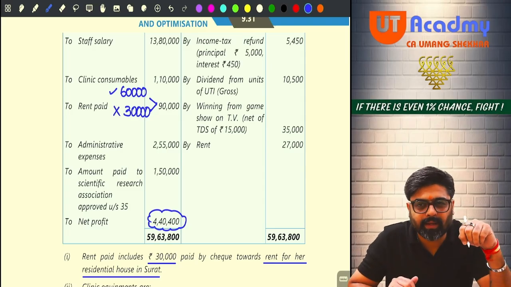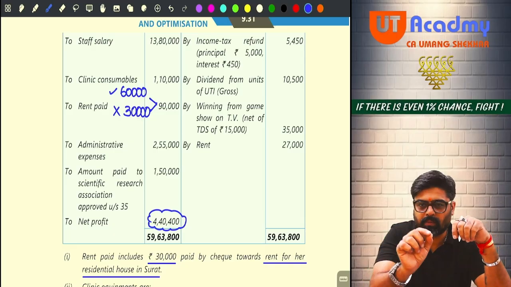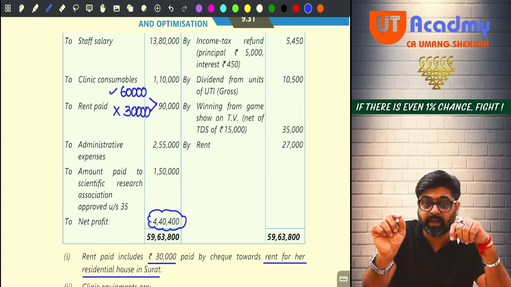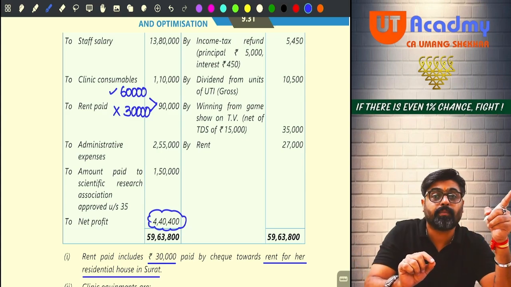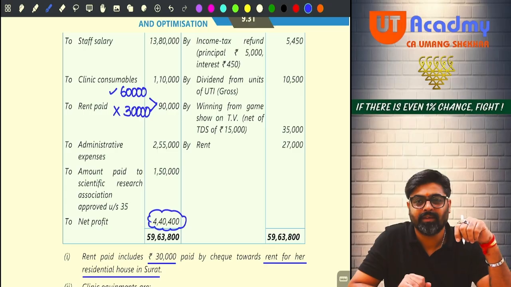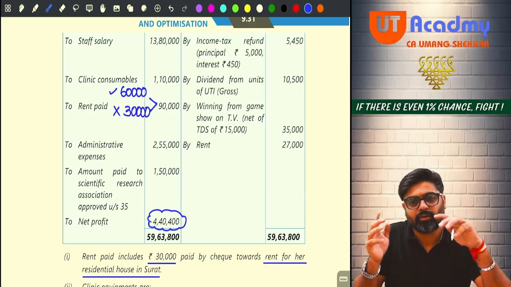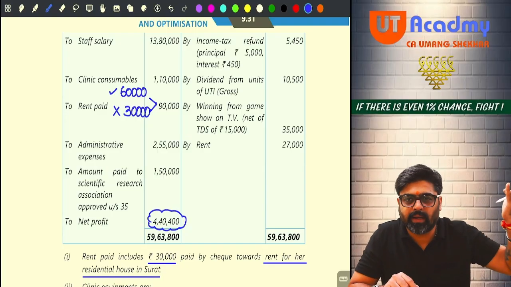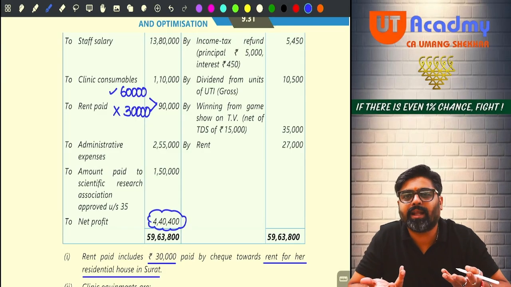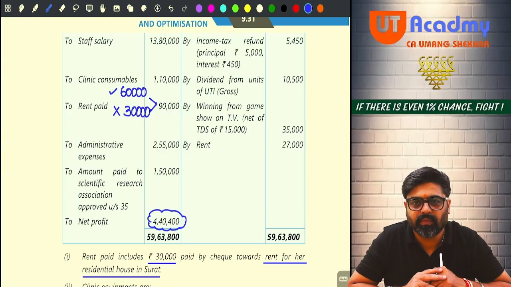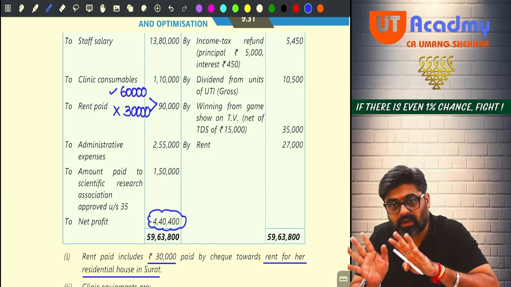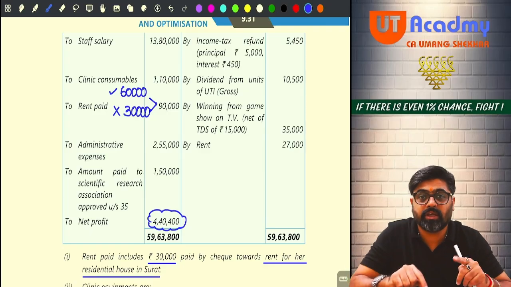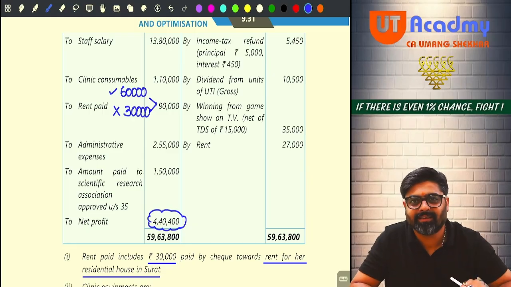But do you remember one thing? Some time back, we did one deduction, 80GG. 80GG is a deduction you get for rent paid for a residential house if you don't get HRA. Since she is in a profession and not employed anywhere, she might not be getting HRA income. So if she is paying rent, is she going to get a deduction under 80GG?